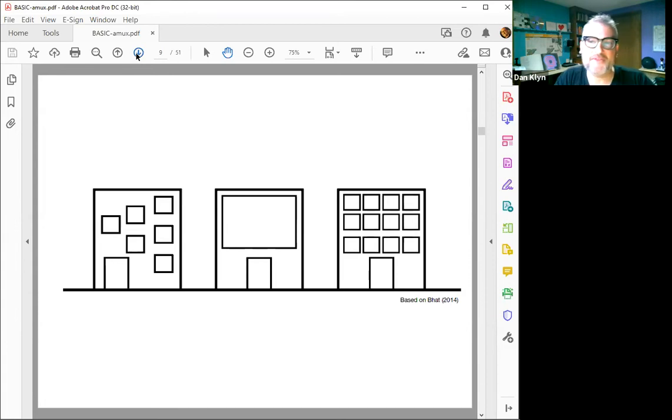I came up with a couple of little cartoons here based on an article by Bott in 2014, who was observing that the same basic approach to a building, depending on the arrangement or the situatedness of the openings on the front of the building, we read that, we understand it, and we intuit, we feel which of the approaches in a building are working or not without necessarily having to do a whole lot of cogitating about it.